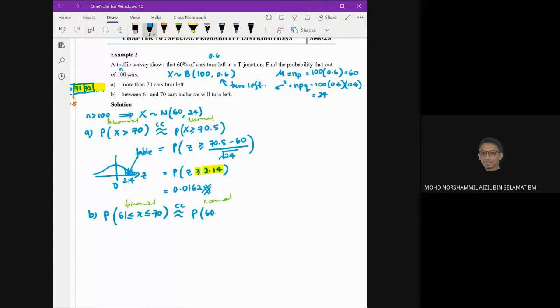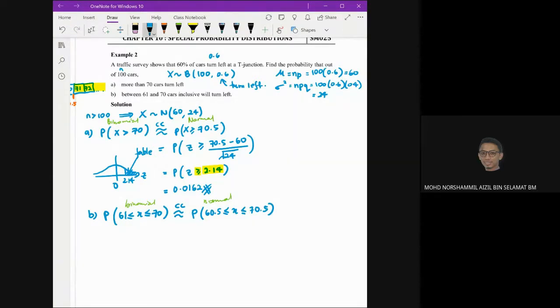So we should choose 60.5 till sampai mana? Dia kena lalu 70. Lepas 70 berapa? 70.5. Make sure kawasan tu dia lalu nombor yang kita nak tadi, 61 hingga 70 tu.